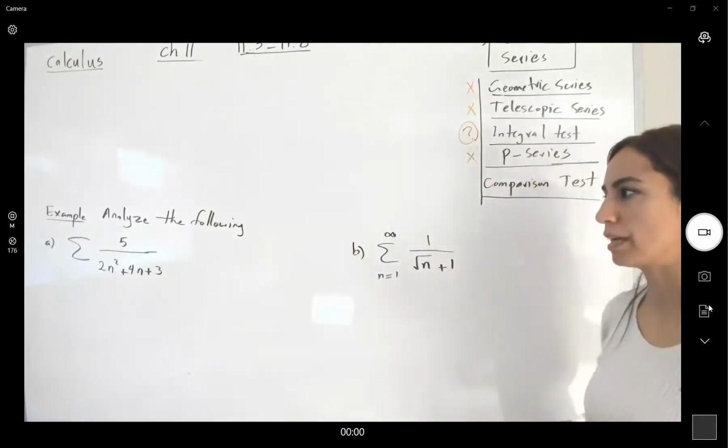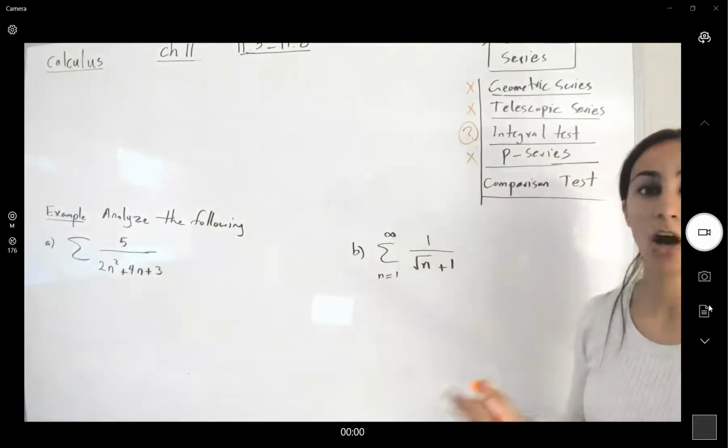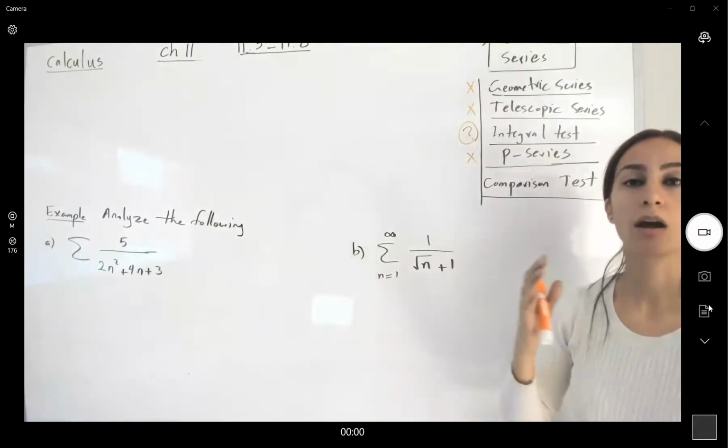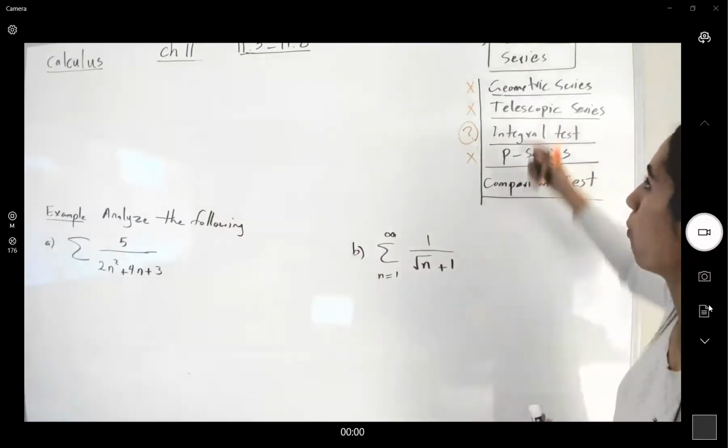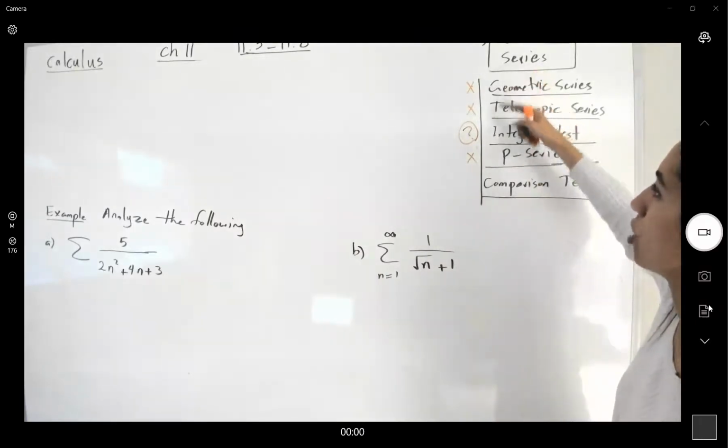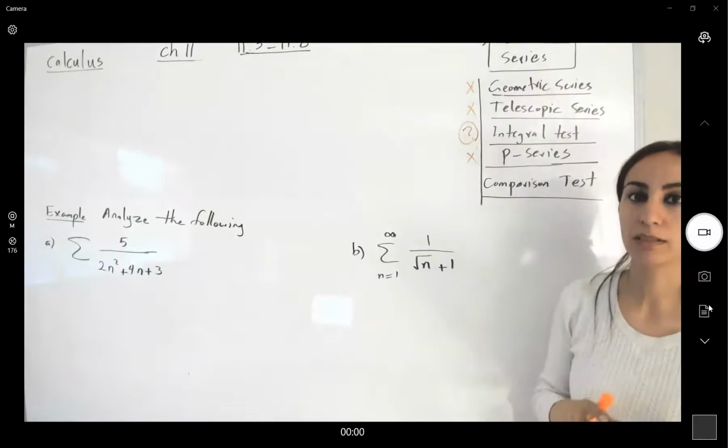Comparison test. Comparison test says, okay, if you have a complicated series, compare it with one of these known series, like geometric series and P series.